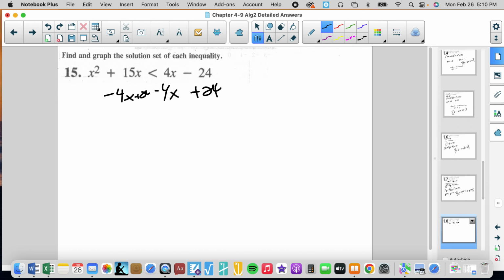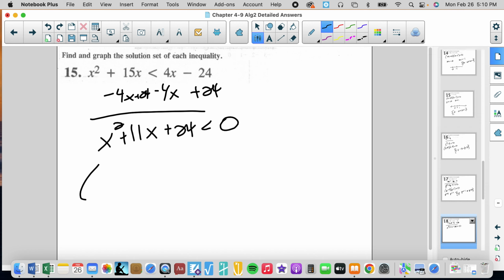Minus 4x plus 24. We get x squared minus 11x plus 24 is less than 0. So it's going to be negative, so the signs have to be different. So you get x plus, what's that, 3 and 8?